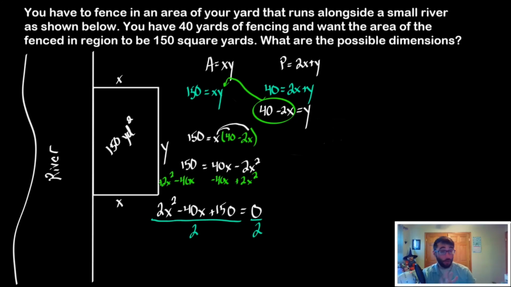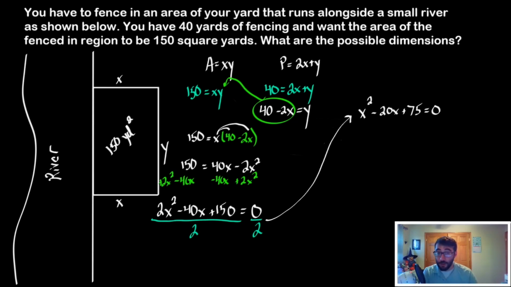Now, you could also just factor it out. It won't have any bearing on the problem, but you could do this just to make it a little bit easier. So what this is now going to be is x squared minus 20x plus 75 is equal to 0. And that's a lot easier to factor.